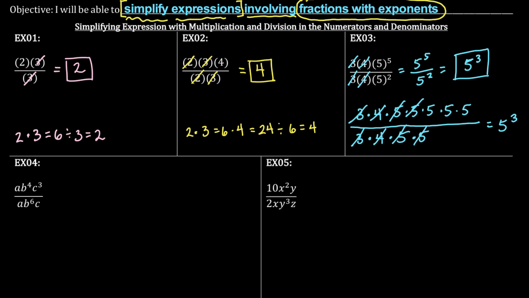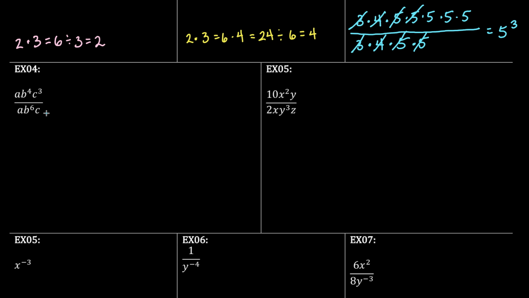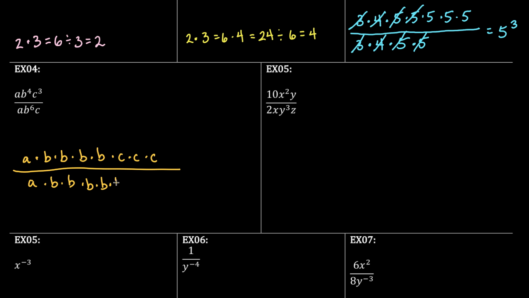Let's try the next one. So really we have A times B times B times B times B times C times C times C. We divide all that by A times B times B times B times B times B times B times C, right?